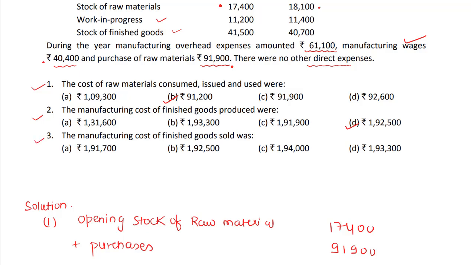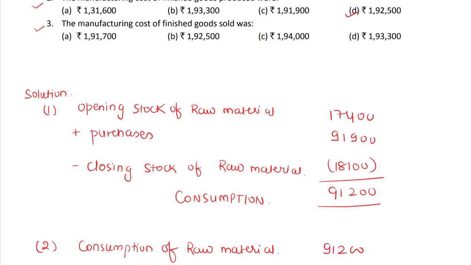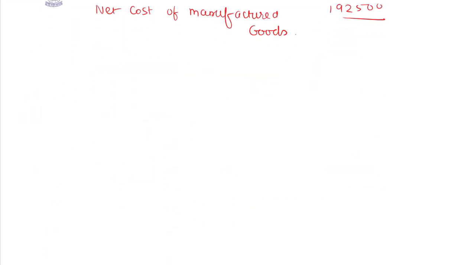Question 3. The manufacturing cost of finished goods sold was, cost of goods sold.